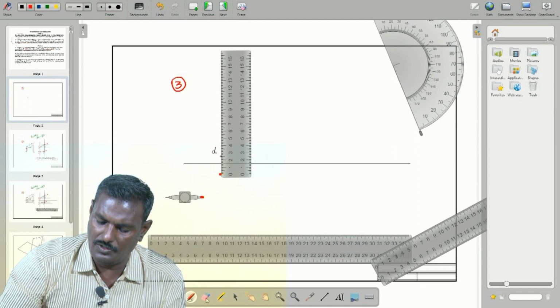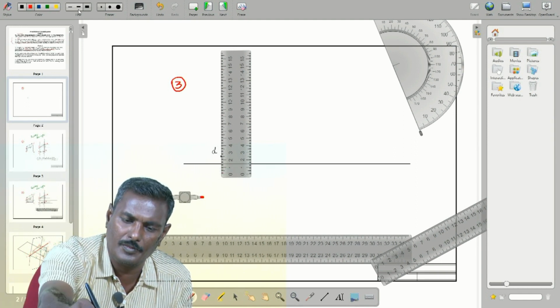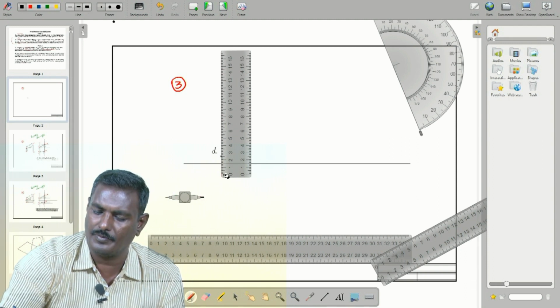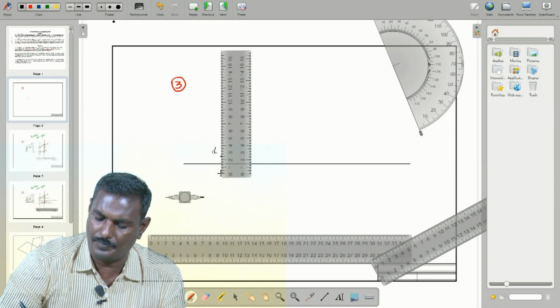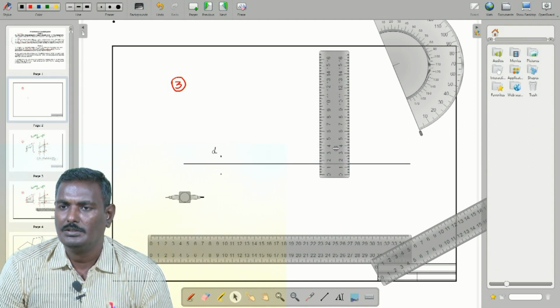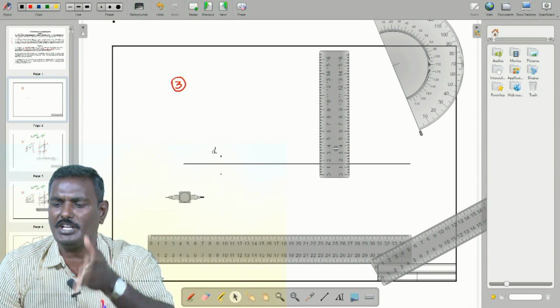I just change over these points. Black color is it? 15 mm. But what to do? Yeah, we have to construct a projector.